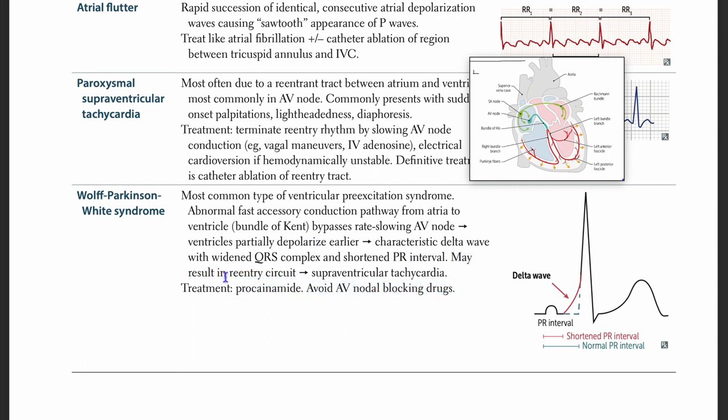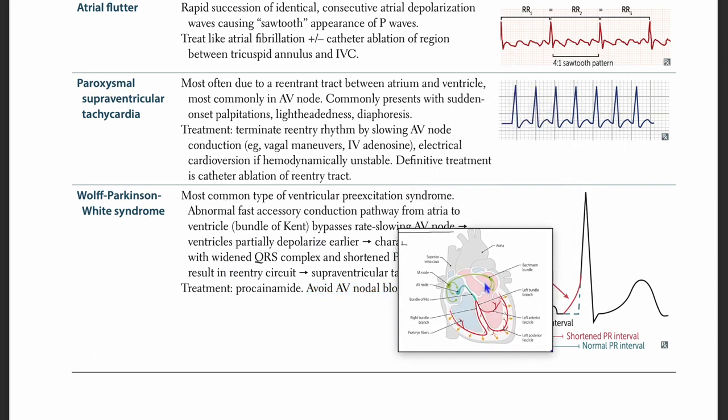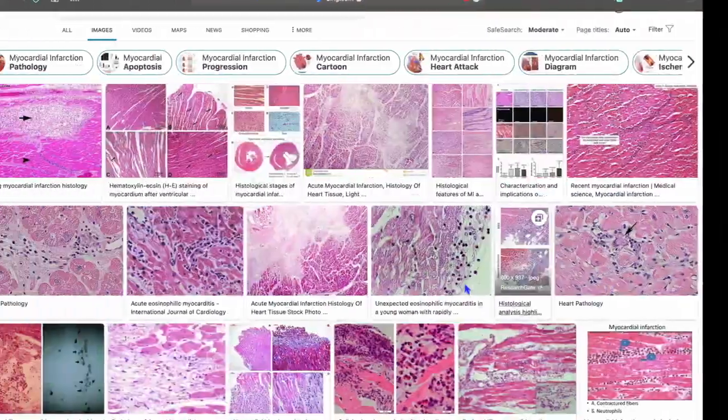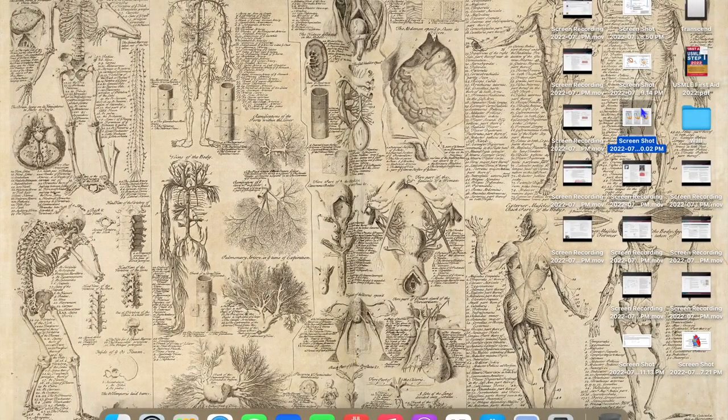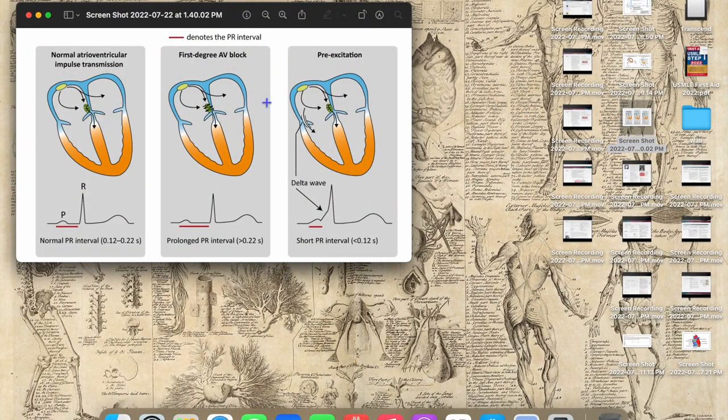So what's happening here is that before the AV node can do its thing, there's another pathway. Hold on, I think I have a photo for this. Okay, right there, right? So the AV node can do this and do that. The SA node goes to the AV node, and that goes to the bundle of His, and then through the ventricles.